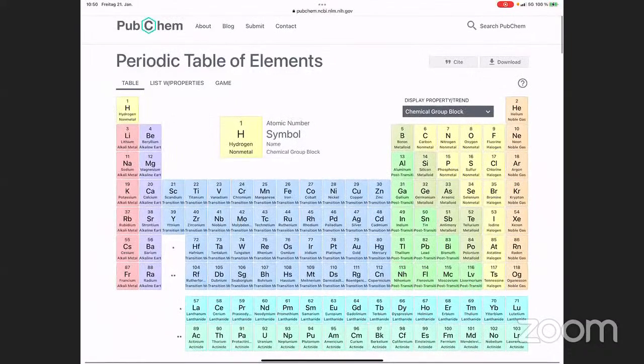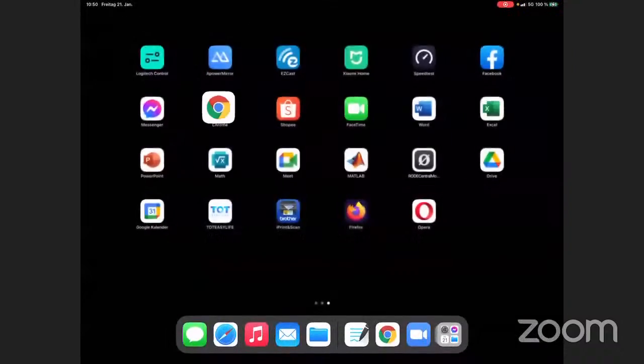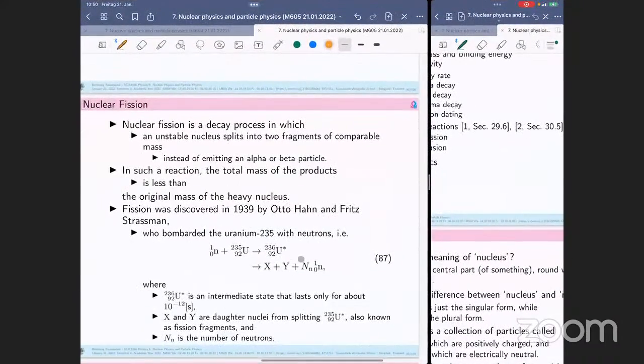Even uranium is still not stable. It has a half-life of like 1,000 million years, billions of years, and so on. Uranium-235 is an isotope of uranium, and it's quite popular for the nuclear fission process.